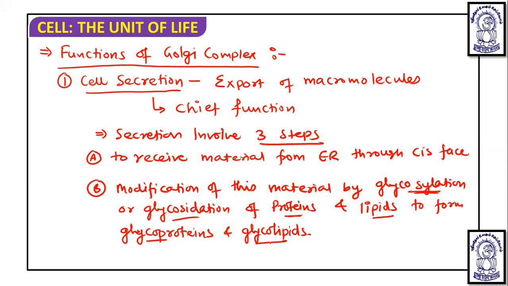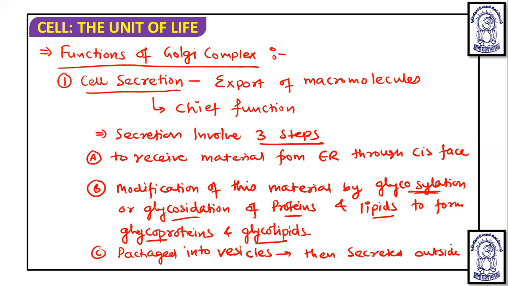These structures are formed. And then third, they are packaged into vesicles. And these vesicles, which have packaged or modified protein, are pinched off from the trans face of the Golgi body and discharged outside the cell. So packaged into vesicles and then secreted outside. Okay, so this is cell secretion.